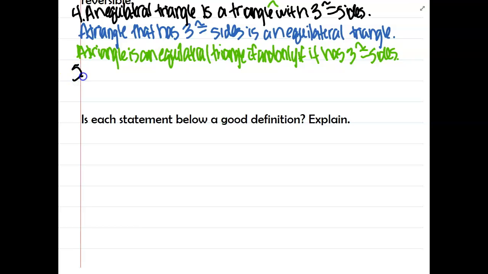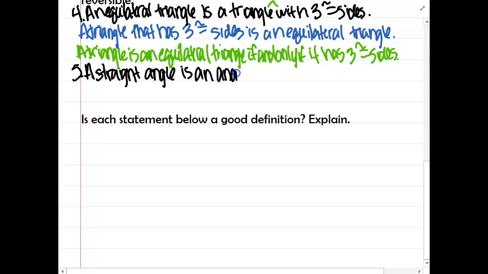Okay, number 5. A straight angle is an angle that measures 180 degrees.